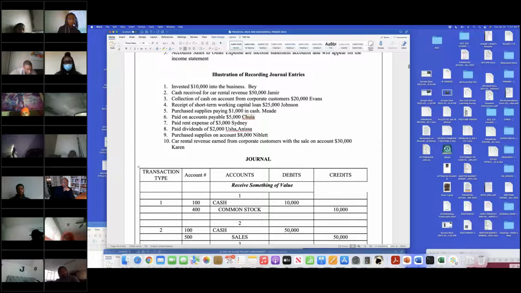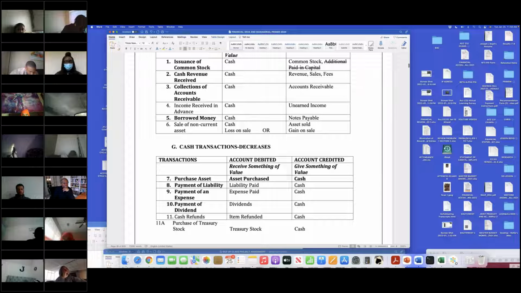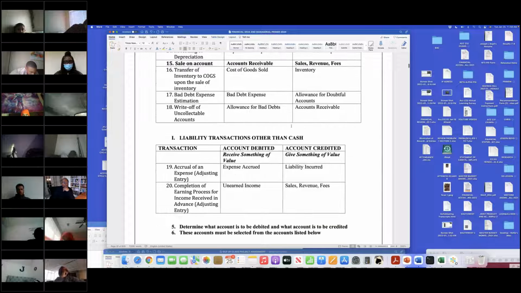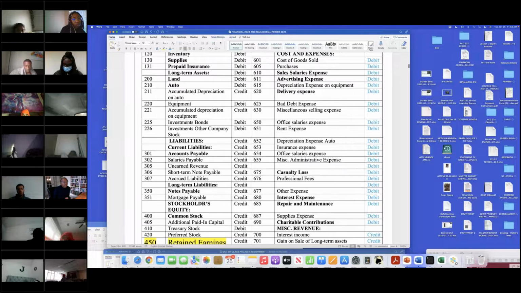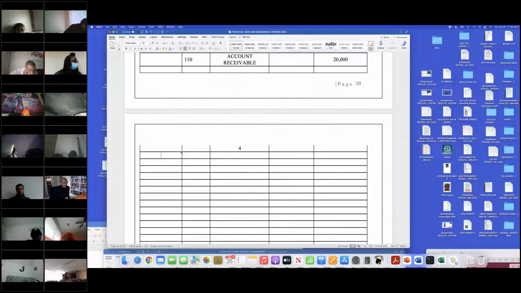So we go up here, mark money, debit cash, credit notes payable. And let's see what accounts we have in here for notes payable. We got the short-term note payable in here, 306. So we're going to utilize that. So our type is 5. 307 is short term. Okay, thank you. So once again, we debit cash.